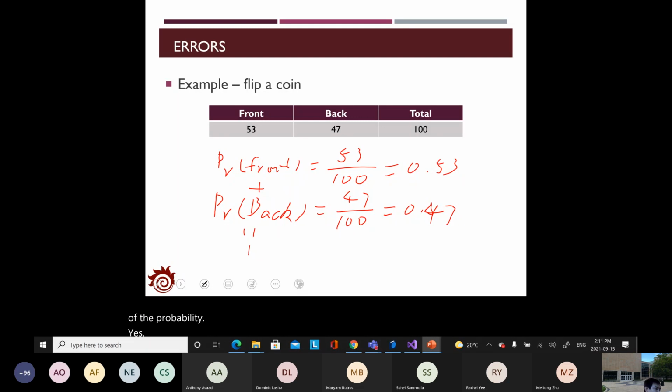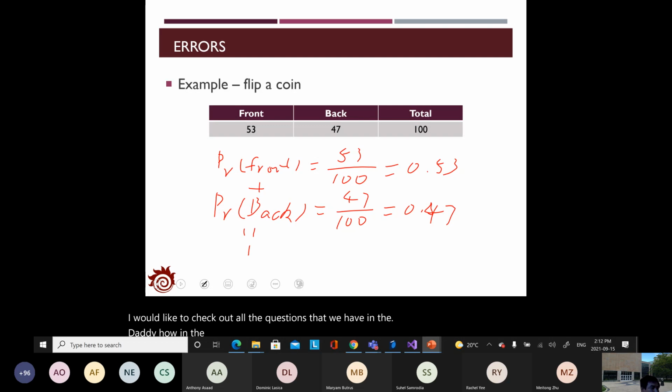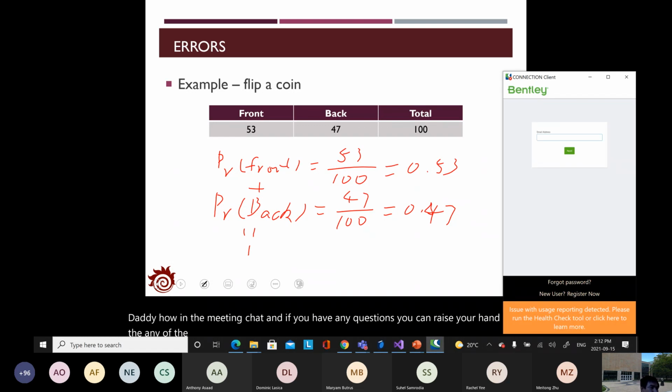We don't have enough time for the rest of the topic. So I would like to check all the questions that you have in the meeting chat, and if you have any questions, you can raise your hand about any of the current assignment.